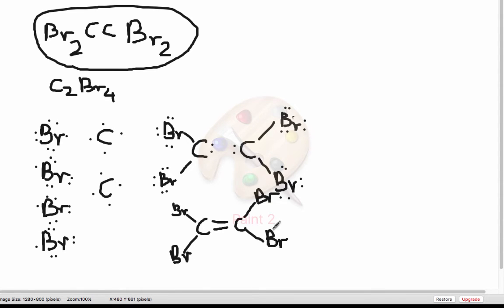I'm not going to draw in the lone electrons for all of the bromines because it's just time consuming, but you must draw the non-bonding electrons in, okay?